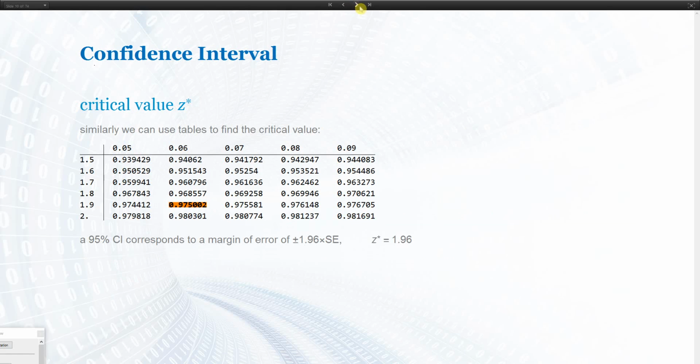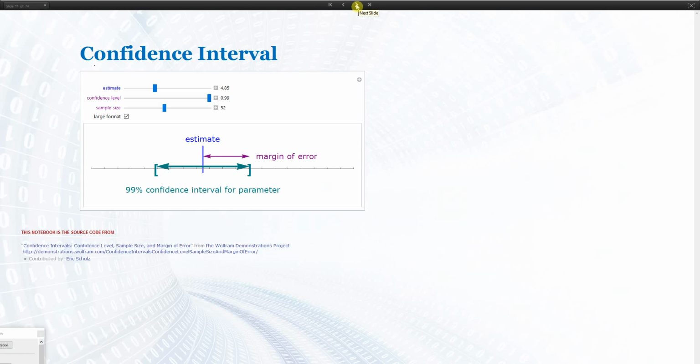There are different ways to figure this out. So your estimate will be this. This is the confidence interval, and the spread is called margin of error.